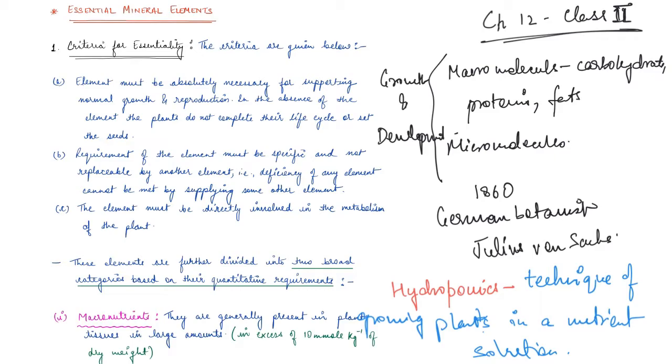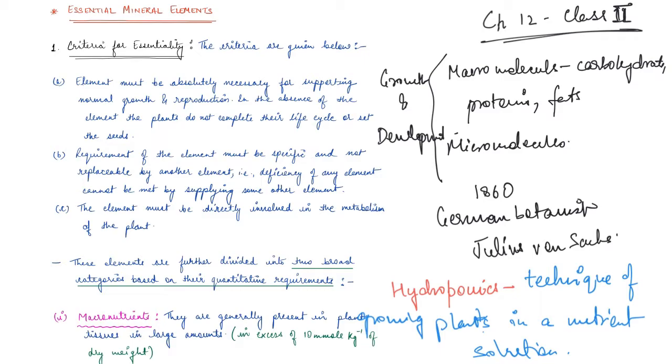So say there are more than 60 elements out of 105 which are discovered so far, which are found in different plants, right? Now remember that every plant will have a different nutrient requirement, right? So some plants can accumulate elements like selenium, some can accumulate gold, right? Some plants which are growing near, say, a nuclear test site can take up radioactive strontium, right? So every plant will have a different requirement.